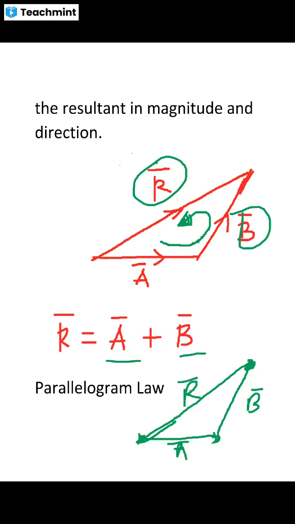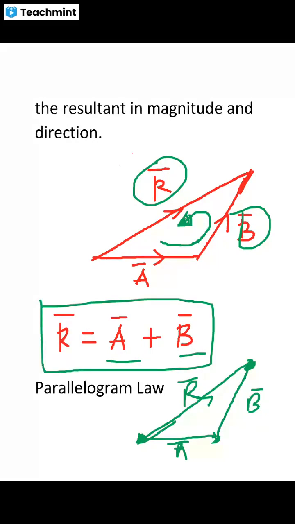The direction of it should be from point A to point B. So this diagram represents it very well: the resultant vector R equals vector A plus vector B.